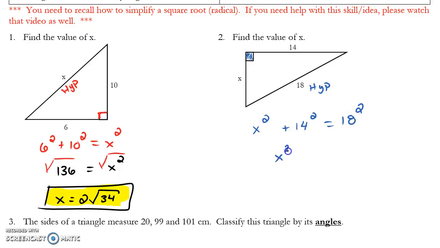Again, the magic of algebra would allow me to get to x squared equals 18 squared, and then subtract 14 squared from that. I get 128. Just like before, I square root both sides to get rid of my exponent and leave me with just x. Just like before, this is not a perfect square. You are expected to simplify that.